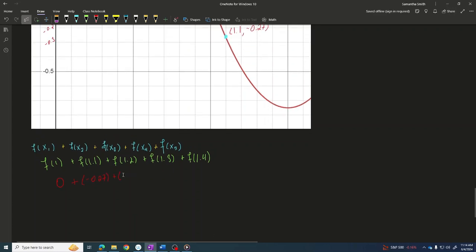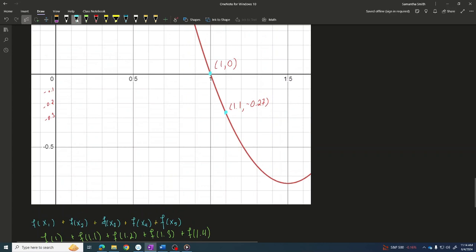Same thing we'll do with 1.2. Step number 1 is to locate the point on the graph that has 1.2 as its horizontal position, and the corresponding height of that point seems to be somewhere in the ballpark of maybe negative 0.48, just a little shy of negative 0.5.